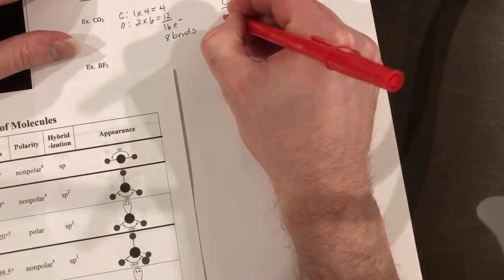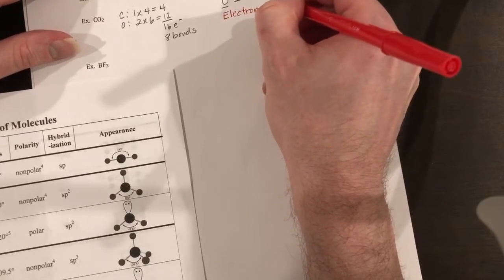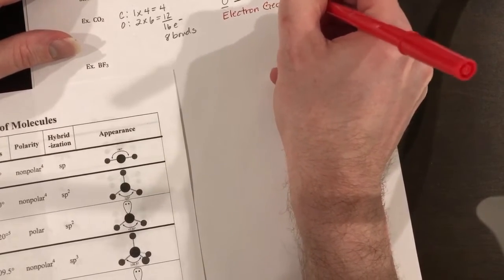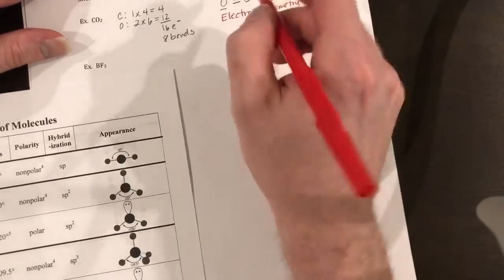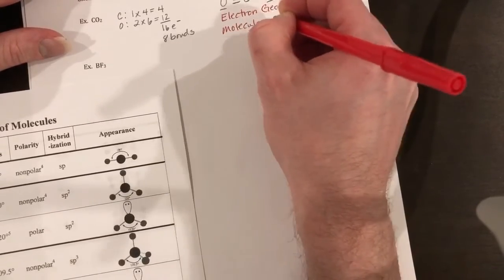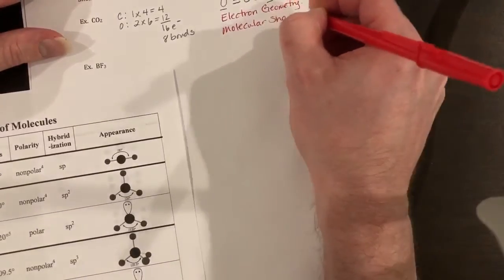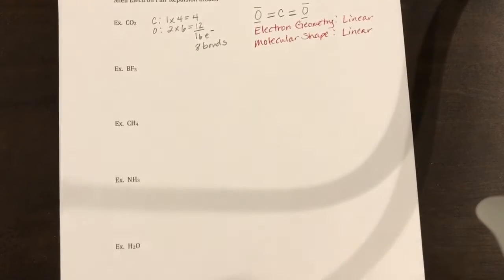So electron geometry, so we're going to do this for both of them, is linear. And molecular shape is linear.